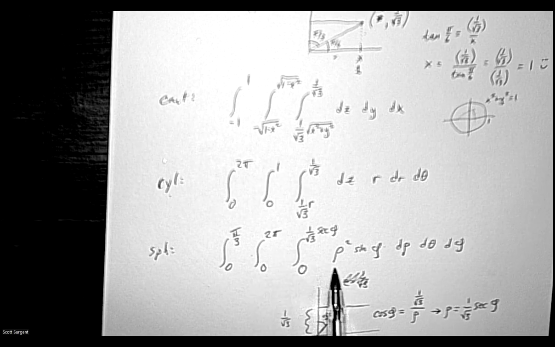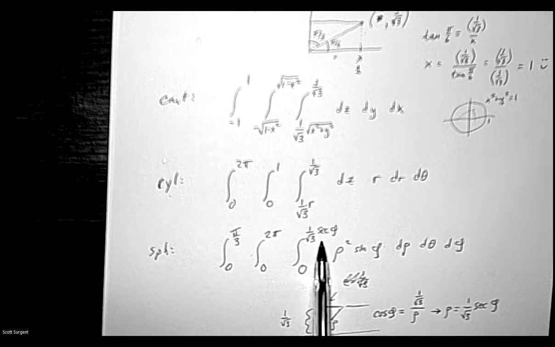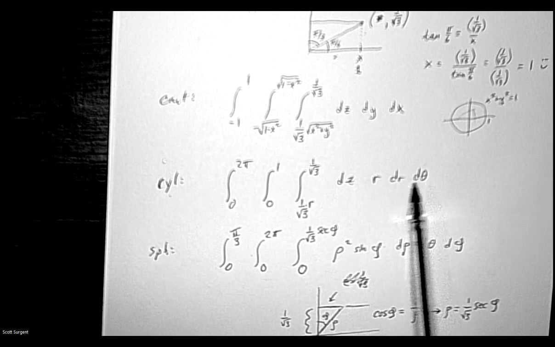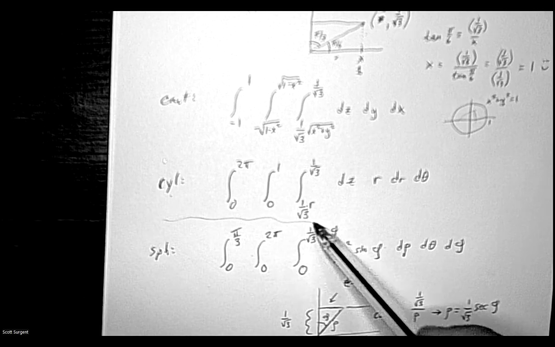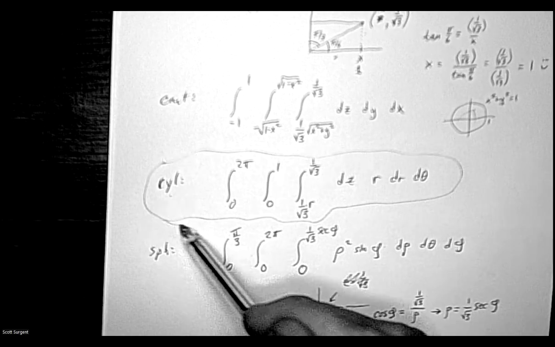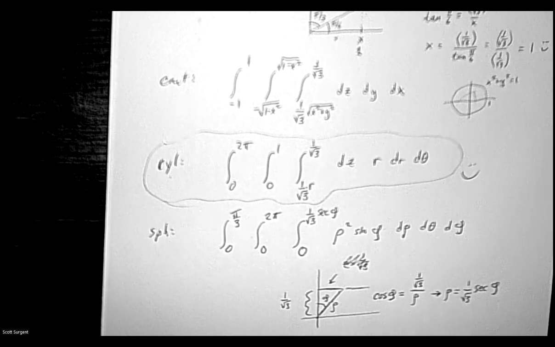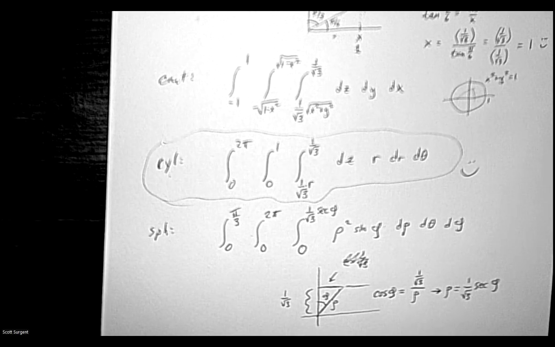Spherical will work, but this is going to be trouble, integrating secant. This will probably work, but it doesn't look like a whole lot of fun, even though 5 of the 6 bounds are constant. This one right here looks real friendly. I absolutely agree. This one looks like the friendliest of the three triple integrals.